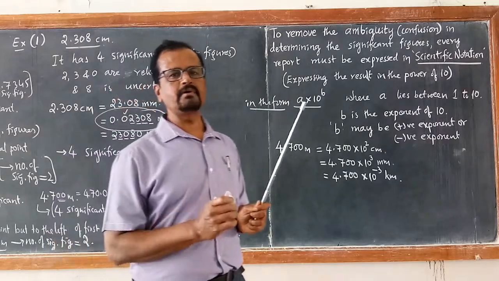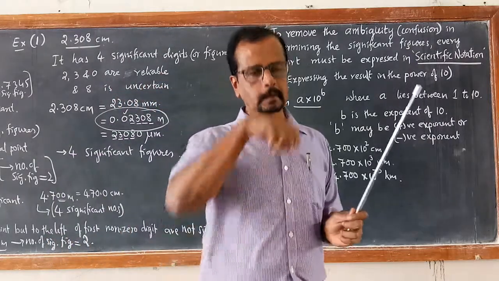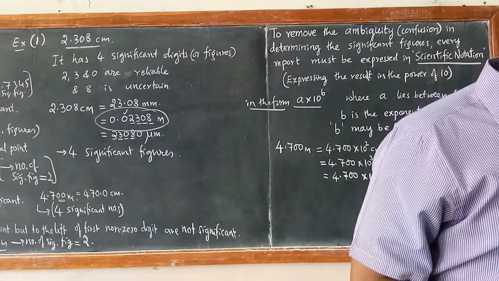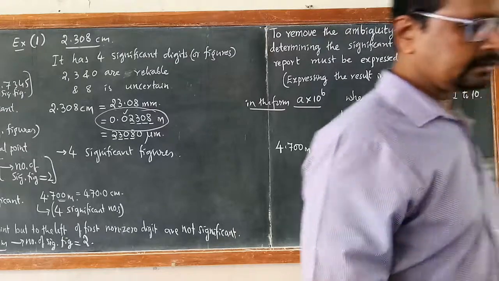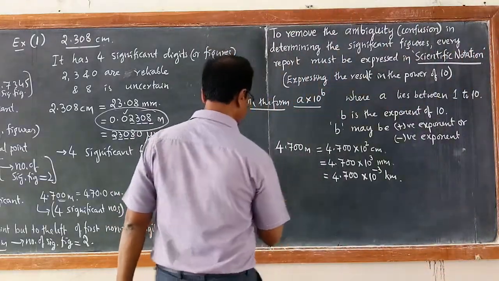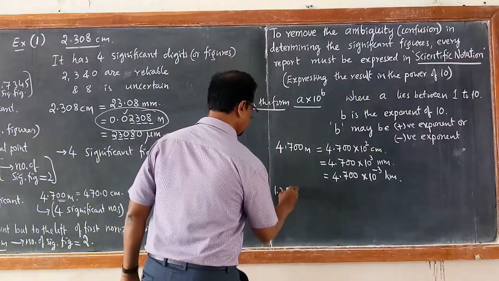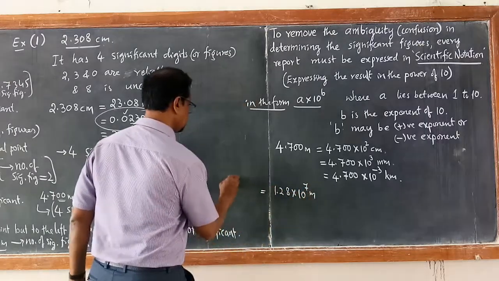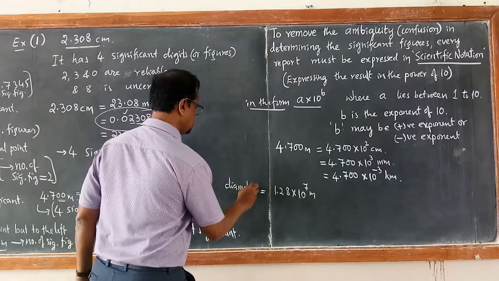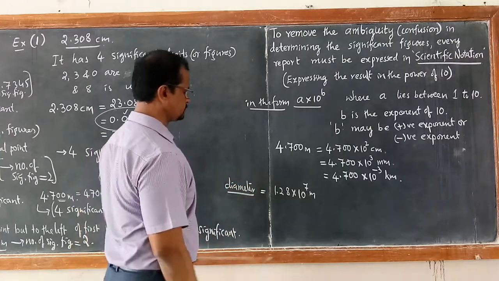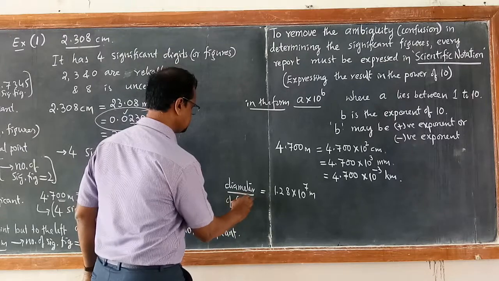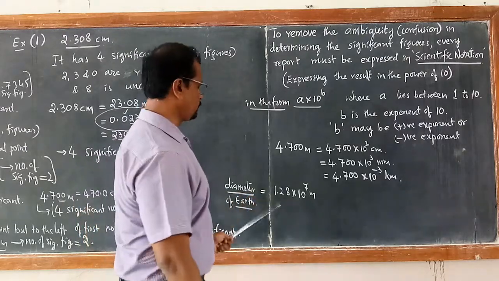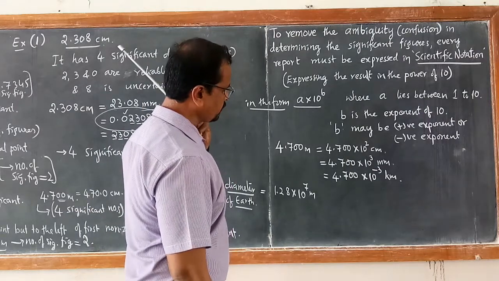Let us take another example, the diameter of the earth: 1.28 into 10 to the power of 7 meter.